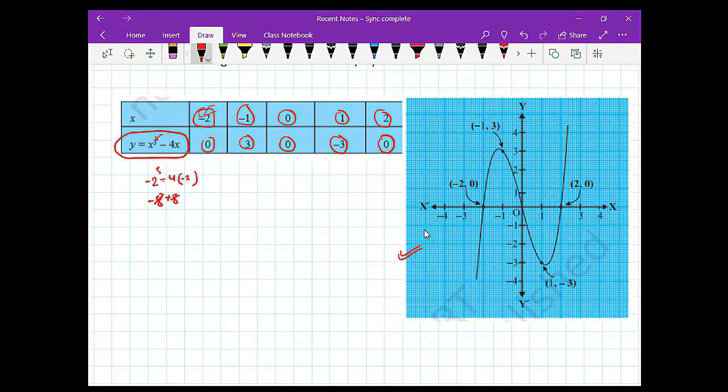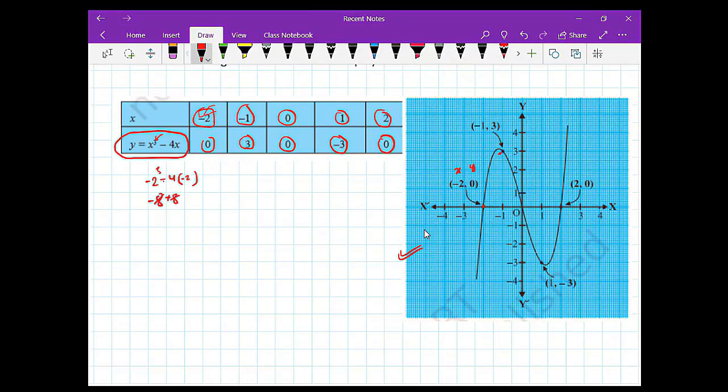See the curve, how it is represented on the graph. The first point is x equal to minus 2 and y equal to 0, on the negative x side, and y becomes 0 because the point is on the x-axis. The second point is when x equal to minus 1, y is 3.